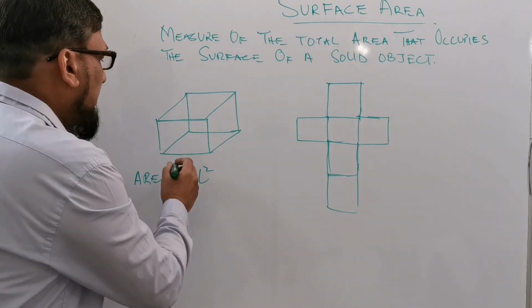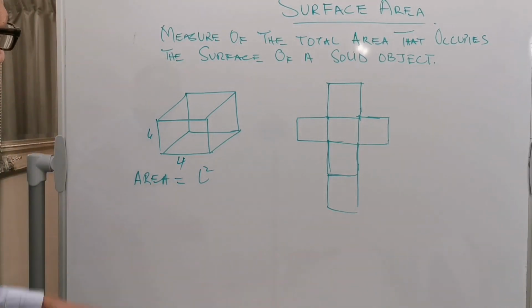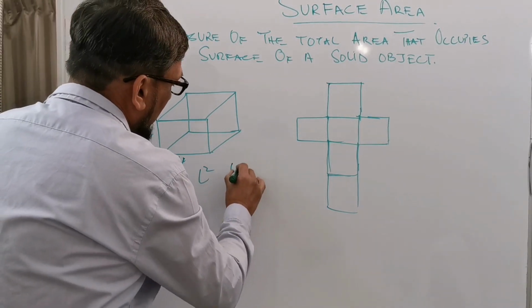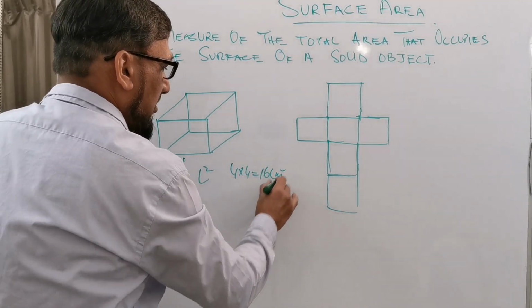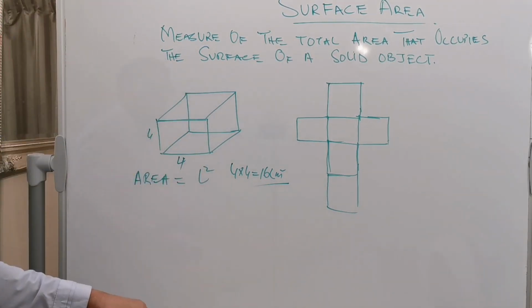If this is 4 and this is 4, you simply do 4 times 4, which is 16 centimeters squared, the area of a square, not the cube.